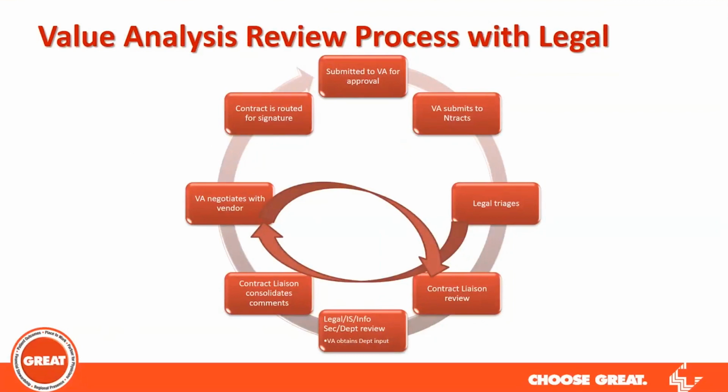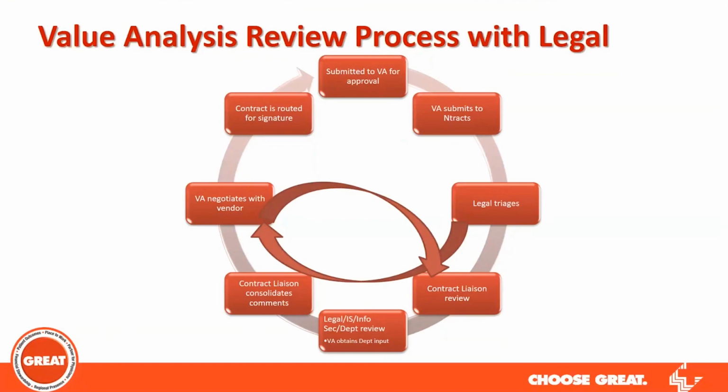It'll go to one of the contract liaisons for review, which would be myself, Gretchen, or Lainey. We're going to give it a high-level review. And then we'll send it to Anna or Megan, who give it a full legal review. And then we come with value analysis, Chelsea Friends, to negotiate any of those changes with the vendor. They'll help the department do that.